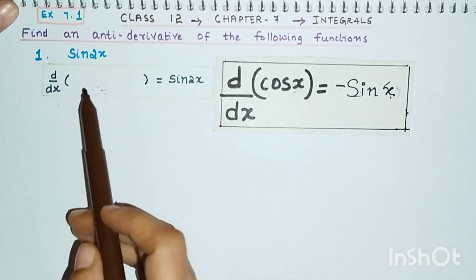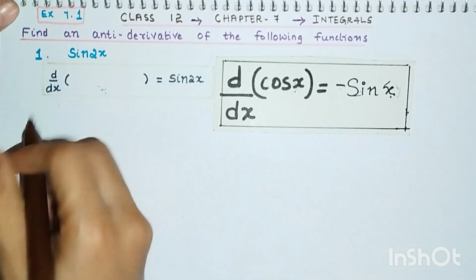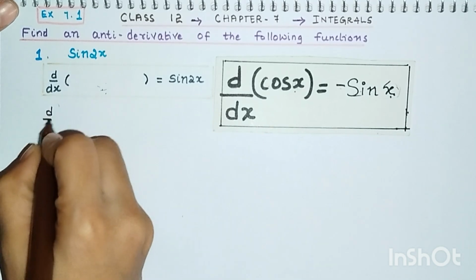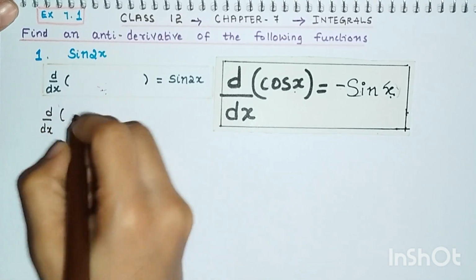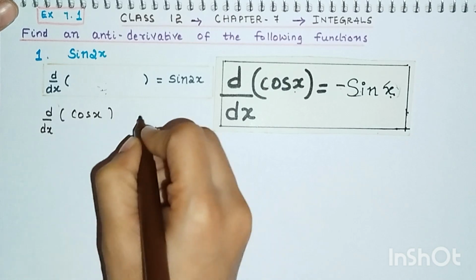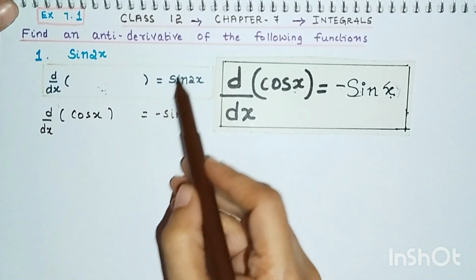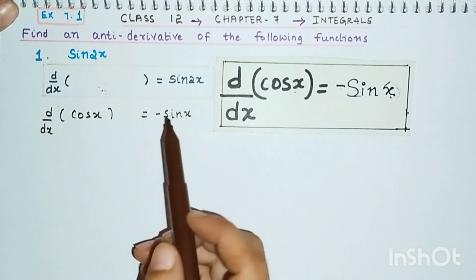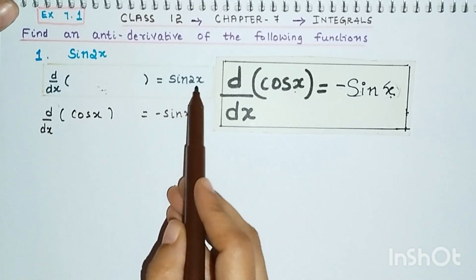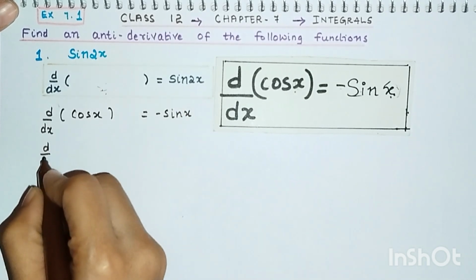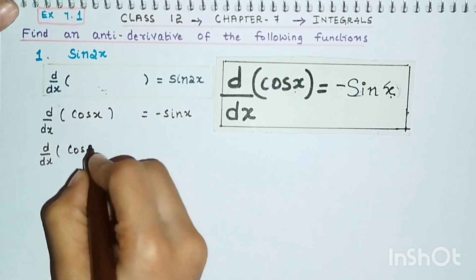So d by dx of what function is sine 2x? So we will write this first step, d by dx of cos x is equal to minus sine x. Now we did not get what we want. We want sine 2x, the angle is 2x. So what we will do here is we will differentiate cos 2x.